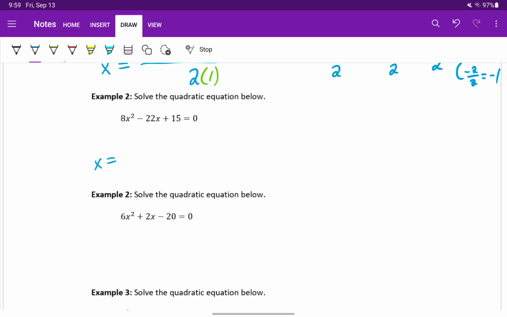So in example 2, we'll do the same thing. We'll plug in the opposite of our value for B, which is negative 22, plus or minus the square root of negative 22 squared minus 4 times 8 times 15.